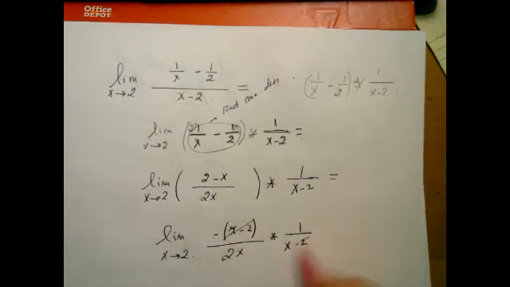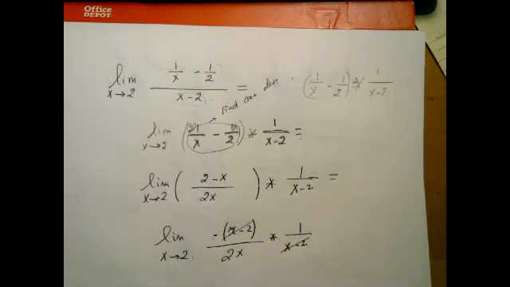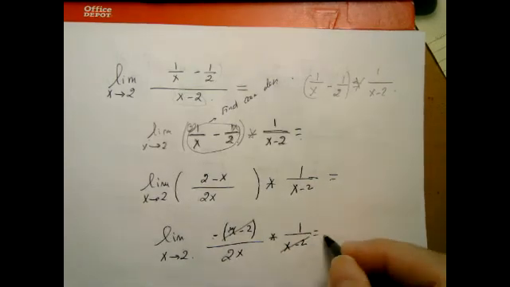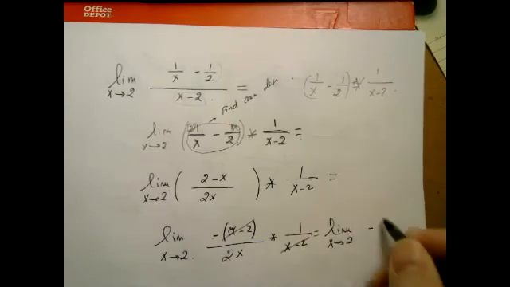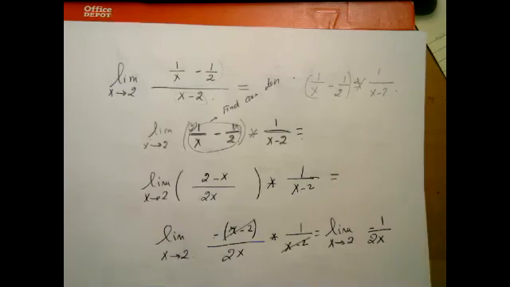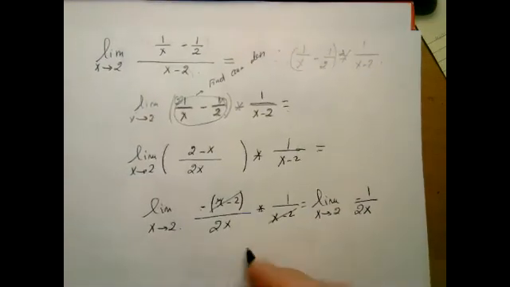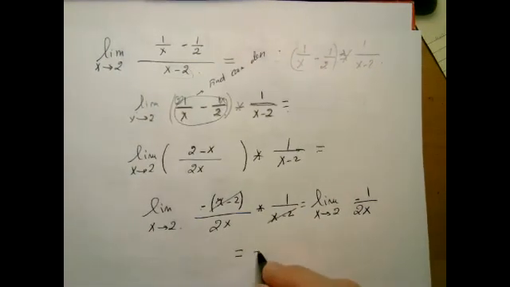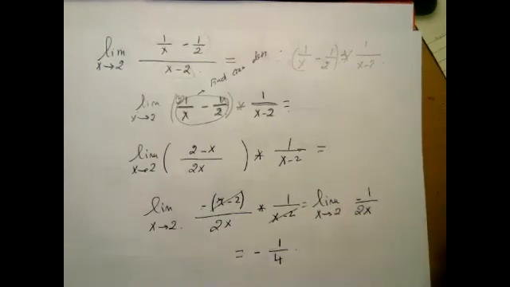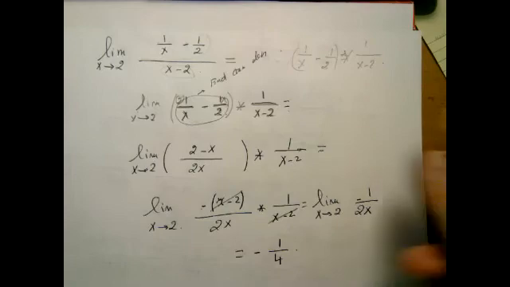These terms do cancel each other. And I will be left with the limit as x becomes close to 2 of minus 1 over 2x. And finally, when x becomes close to 2, this becomes 1 over 2 times 2, which is close to 1 over 4. End of the problem.